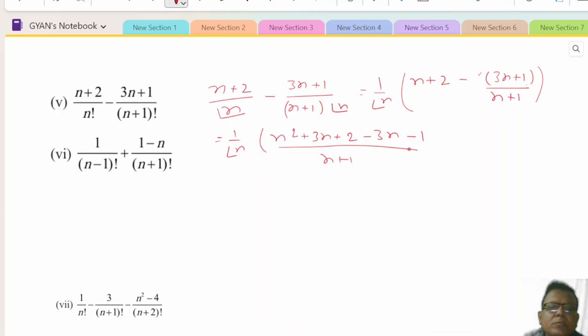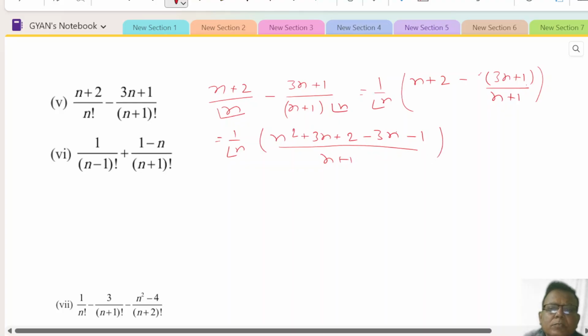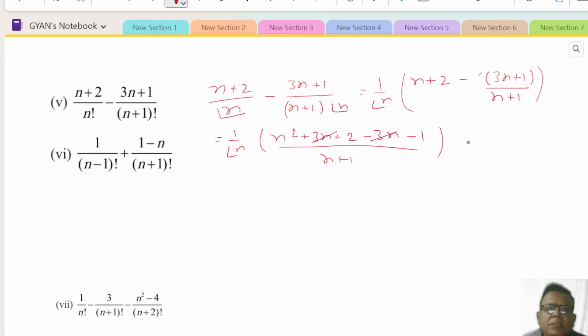So this gets cancelled. This one is n, equal to 1 by factorial n, and take n common, n square plus 1 divided by n plus 1.